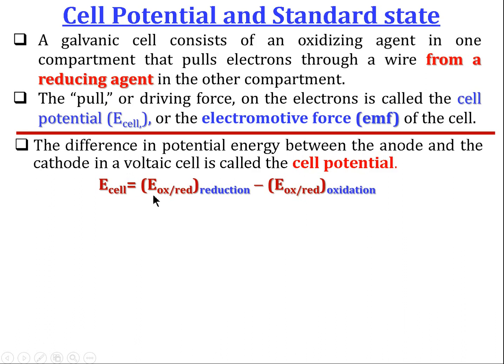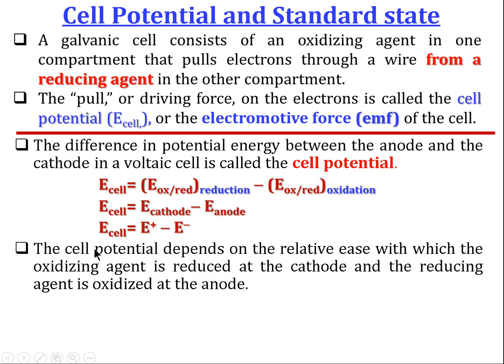And pay attention to use the sequence ox/red. We can write E of the cell equal E cathode minus E anode, or simply E of the cell is equal E plus minus E minus.